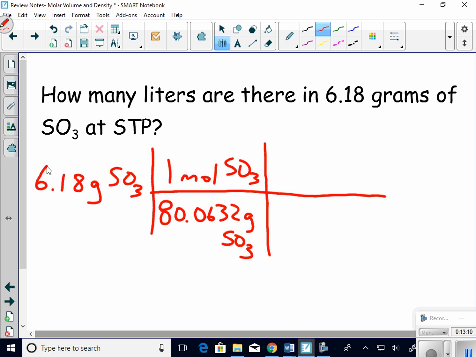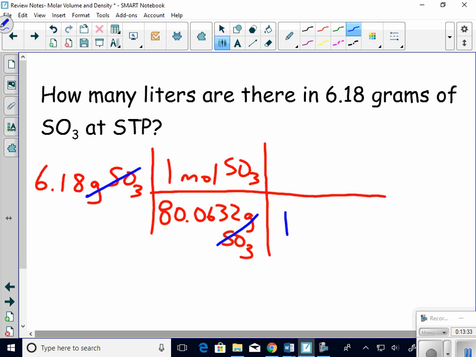Now, when I have done so, do I get my labels to cancel? I've got grams SO3, I've got grams of SO3, so I have now converted this into moles. Is that what I want to do? No, I need to go one more step. I need to go to volume.